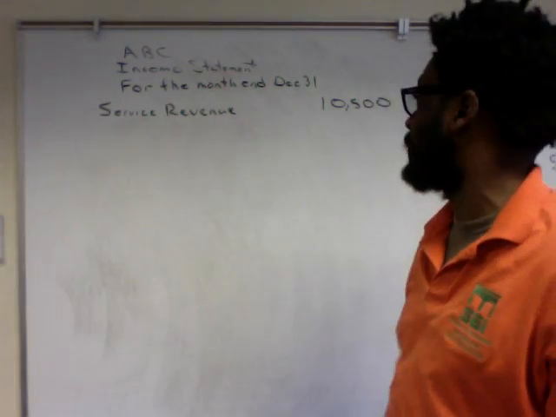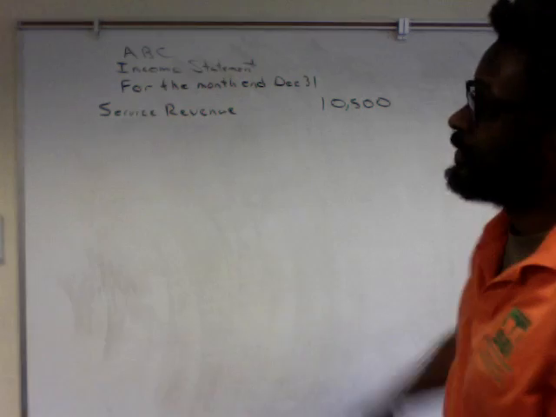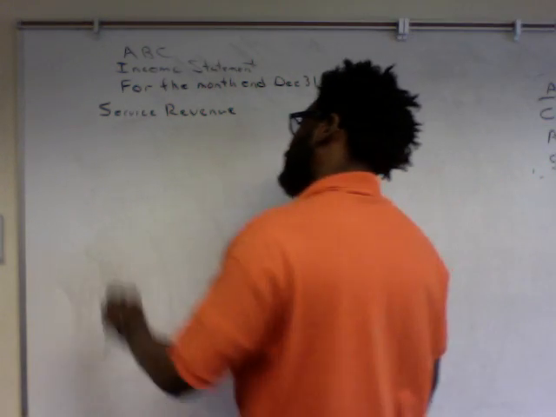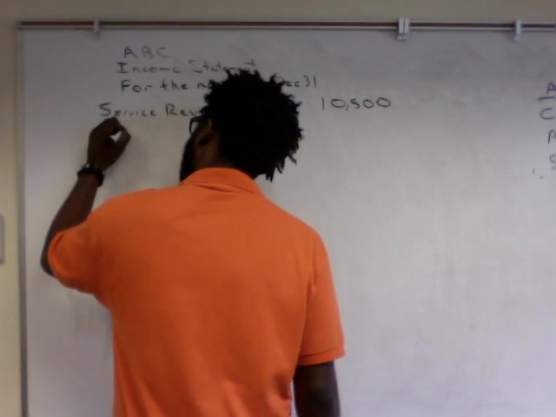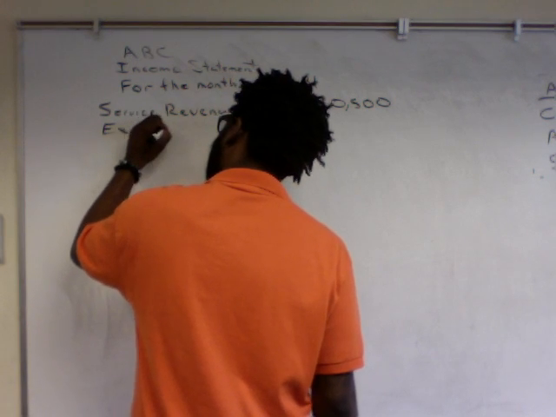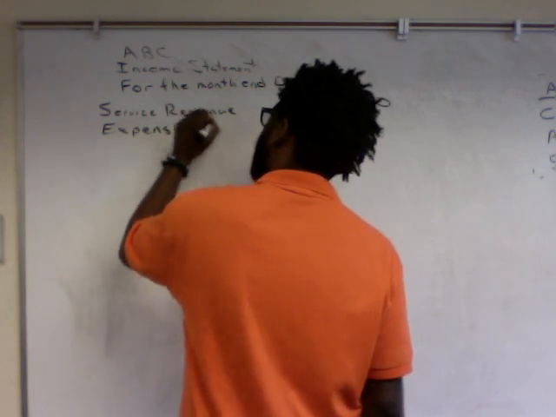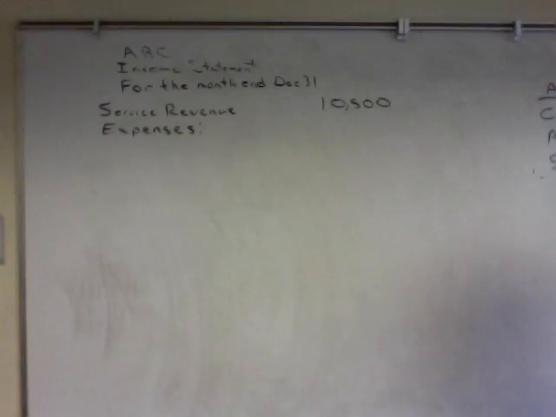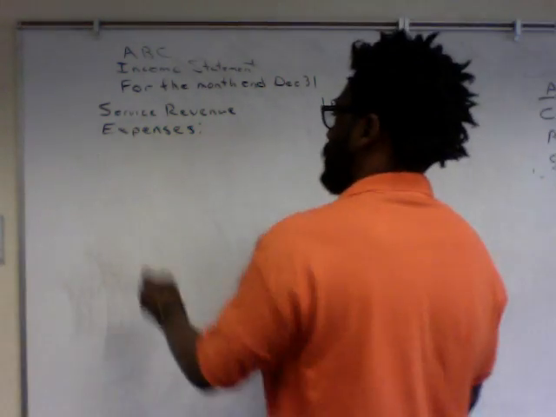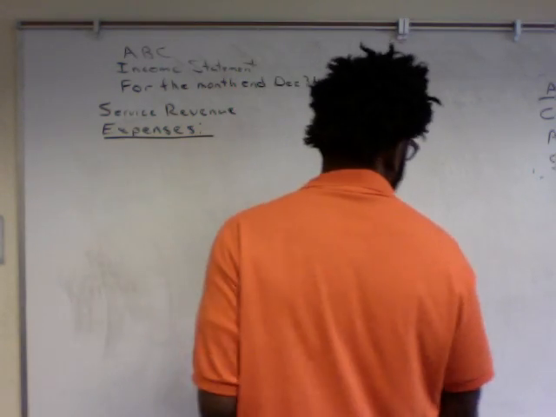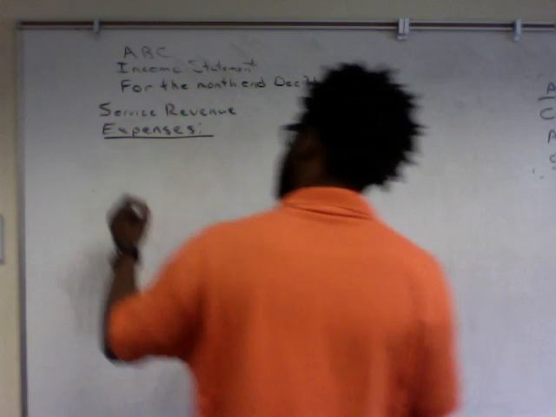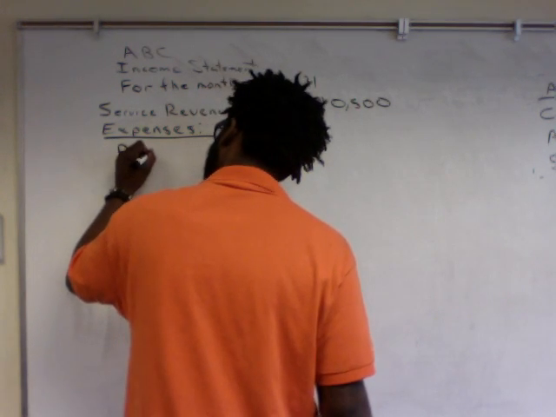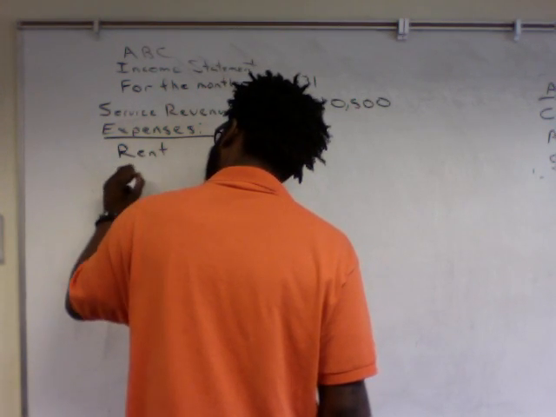This is straight reports. So this is service revenue for $10,500. Then I'm going to list my expenses. Because I have more than one expense, I want to create a sub-column to calculate my expenses. So I'm going to list my expenses under this sub-column. We have two expenses. We have rent and we have salaries.